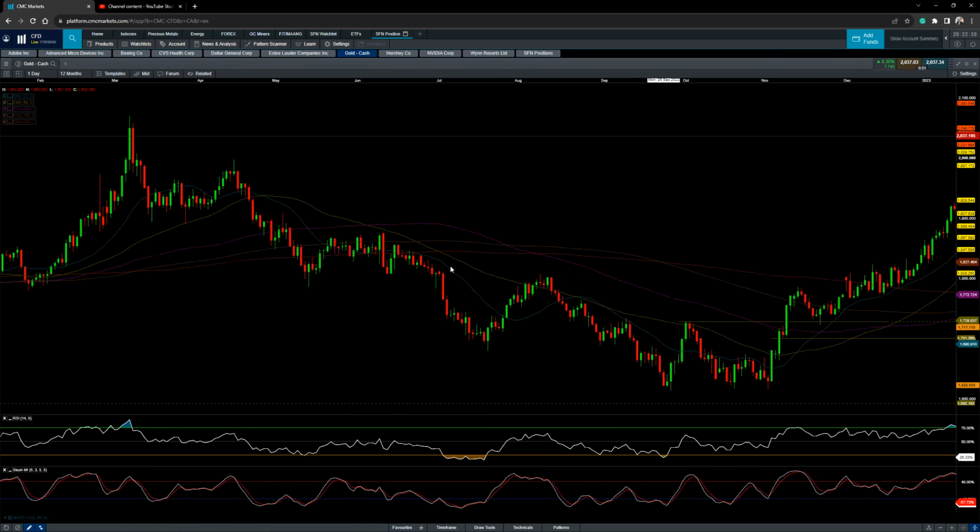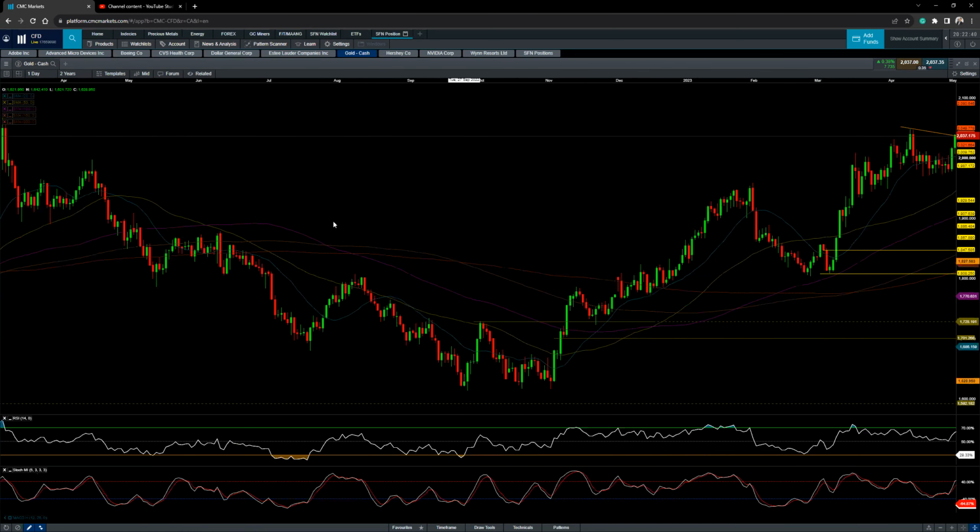How about this one? Okay, so we have one W pattern here. We got above this with a nice wide range bar. Perfect scenario. Another W pattern is here.